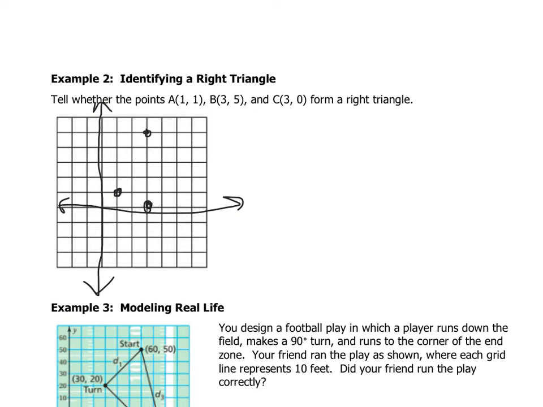So here is the triangle that we're looking at, and the question is, is this a right triangle? Again, we don't want to make any assumptions that it is or it isn't. So we want to look at how to determine what these different sides are.